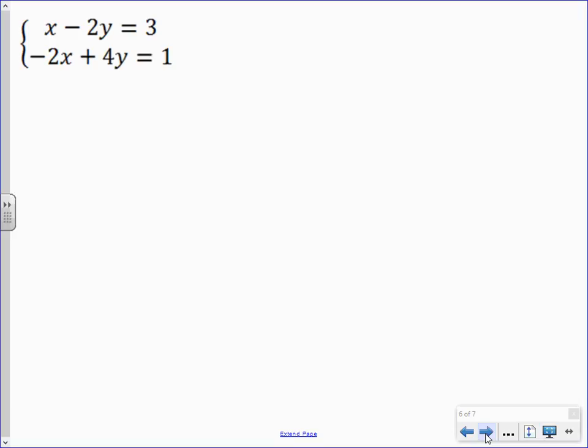I'm going to show you what happens when everything on the left side cancels out. If we use elimination, what would be a good number to multiply our first equation by? 2. If we multiply our first equation by 2, we have 2x minus 4y equals 6.